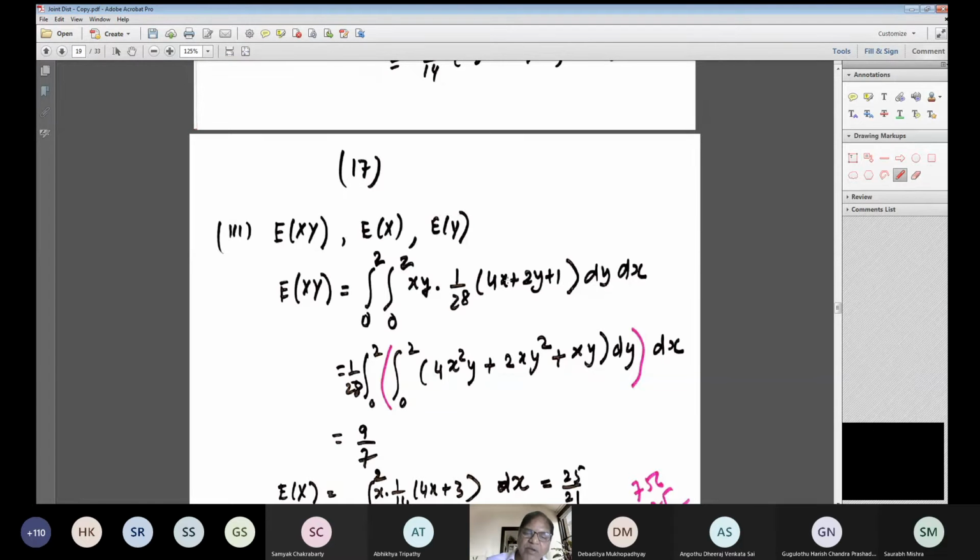In that case, you may be asked to find the correlation coefficient. The correlation coefficient, which we have already defined, rho, is equal to the covariance of xy divided by sigma x times sigma y.